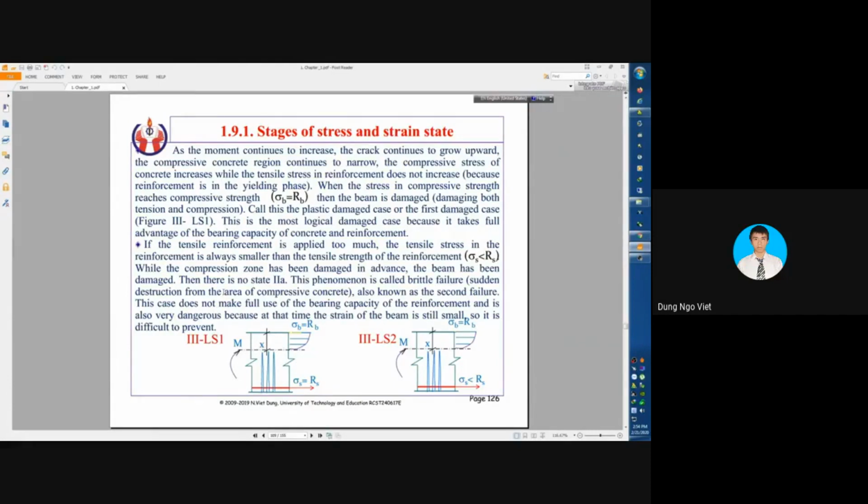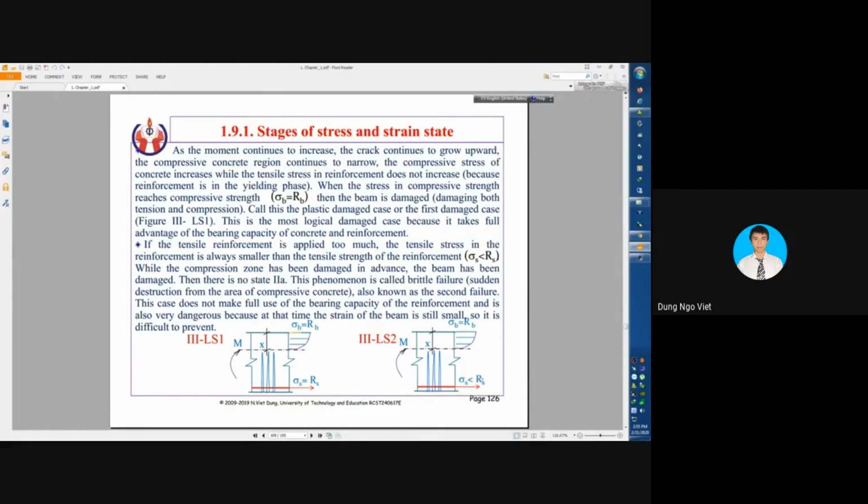Another branch is if the tensile reinforcement is applied too much. That means we arrange so much reinforcement here. The tensile stress in the reinforcement is always smaller than the tensile strength of the reinforcement, and never reaches the strength of the steel.